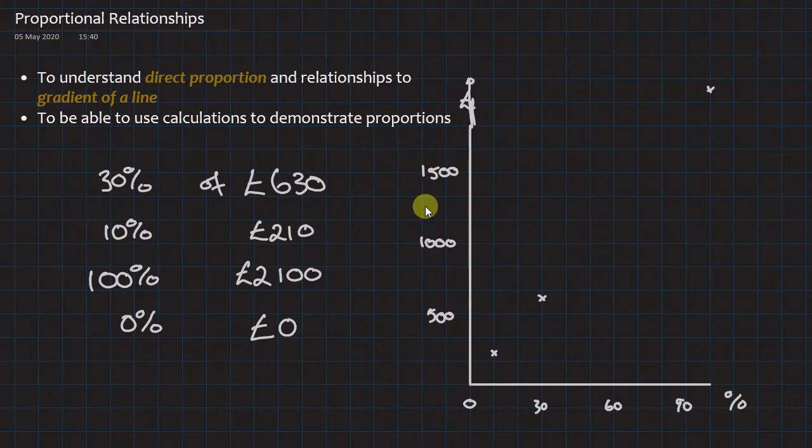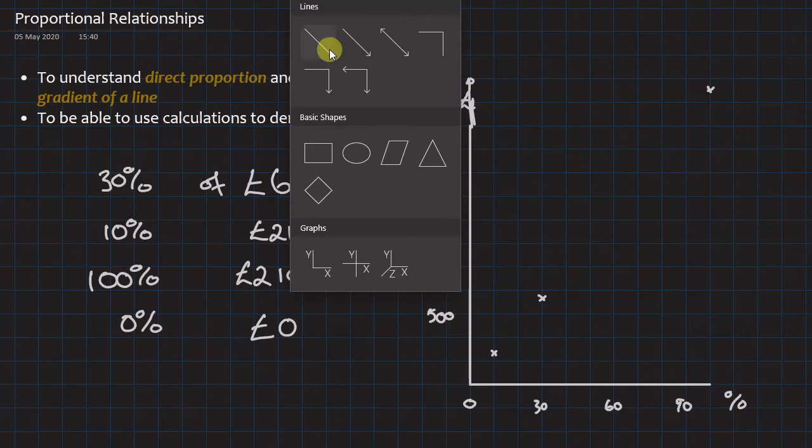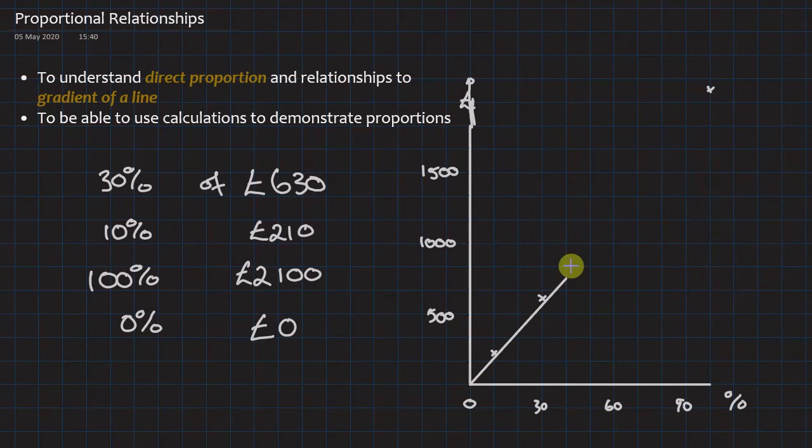And what we actually find is if we draw a straight line from 0, 0, it will go through all those points. And they will all sit exactly on that line. That is a direct proportion. It says that I can do a little step, so for every 10 across, I got 210.